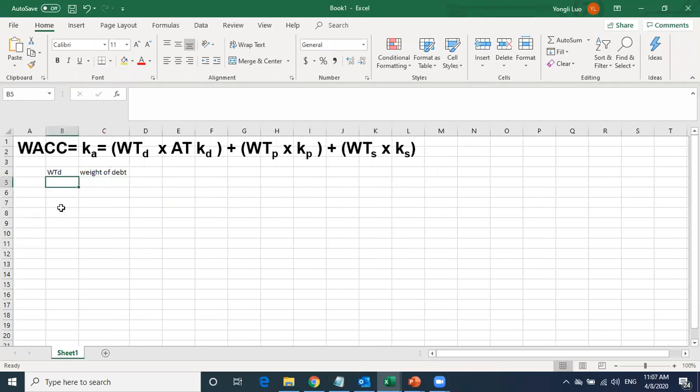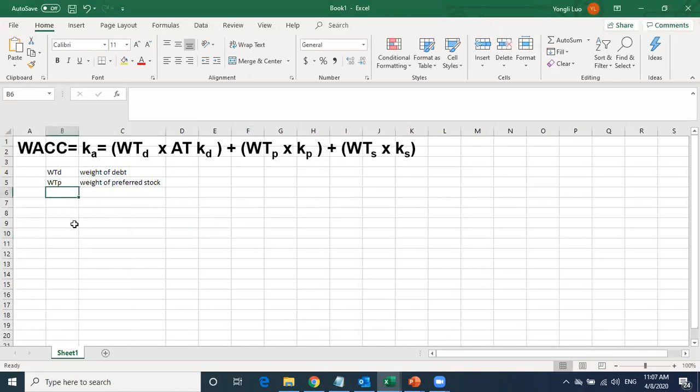And this is the weight of preferred stock, the weight of preferred stock. And this is the weight of common stock.